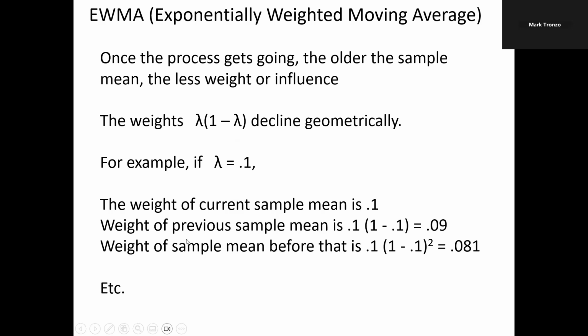The weight of the previous sample mean will be 0.1 times 1 minus 0.1, or 0.09. The weight of the one before that is going to be 0.1 times 1 minus 0.1 squared, or 0.081. This would be the case if lambda is small. Again, the smaller lambda is, the more influence the older samples have.